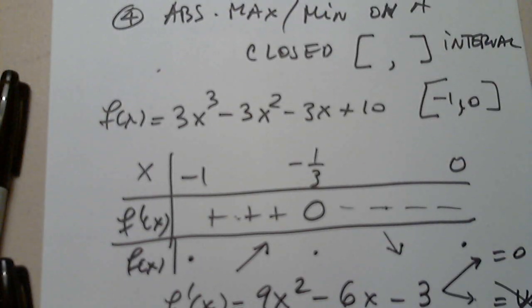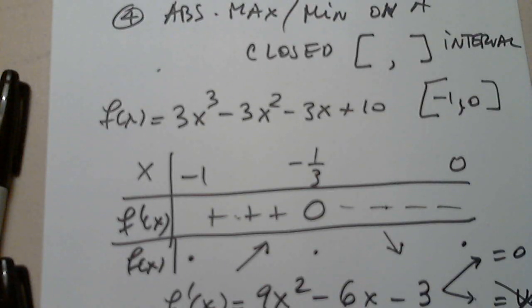So I go to the graphing calculator, I punch in the function, the original function. So go back to y equals, clear whatever is in there, and put 3x cubed, and put minus 3x squared, minus 3x plus 10, and then all I have to do is punch in 3 numbers, nothing else.